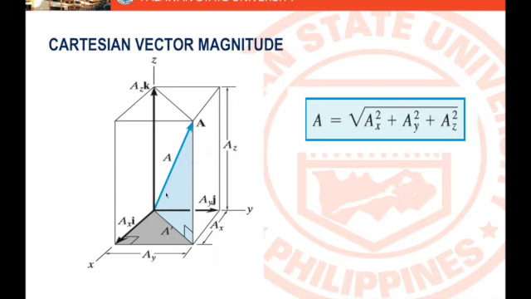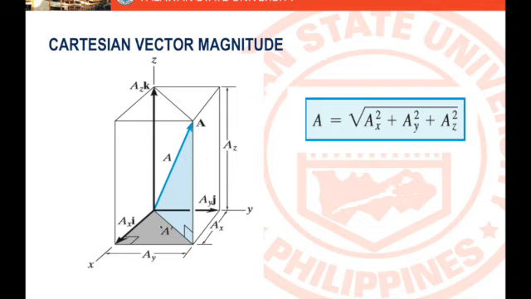We have this triangle, the blue one, the hypotenuse of which is the magnitude of the vector A, and it's making a right angle with the z axis, and we have here another measurement, we term it A prime.